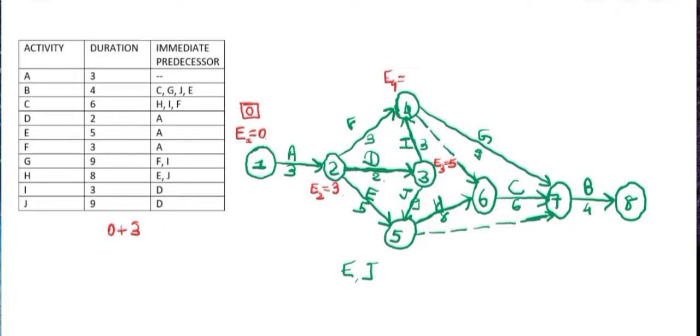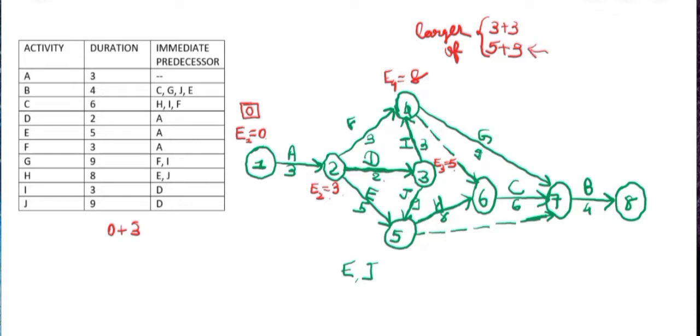So we'll take the larger value for E4, which is either we can take as 3 plus 3, that is 3 is E2 and the duration of F is 3, or we'll take it as 5 plus 3, which is E3 is 5 and the duration of I is 3. So we'll take the larger one, that is 8.